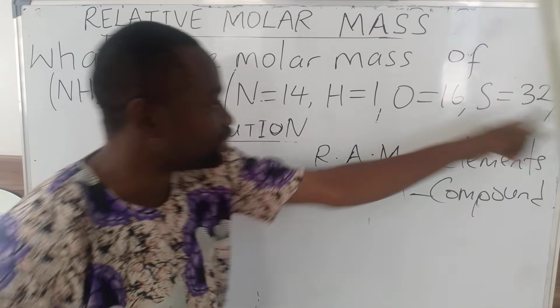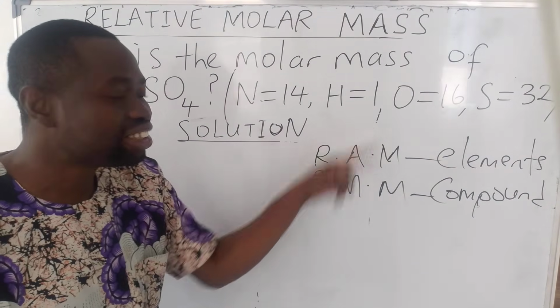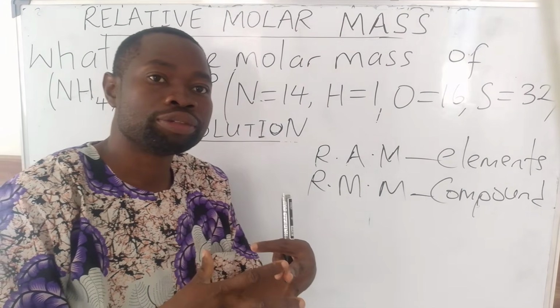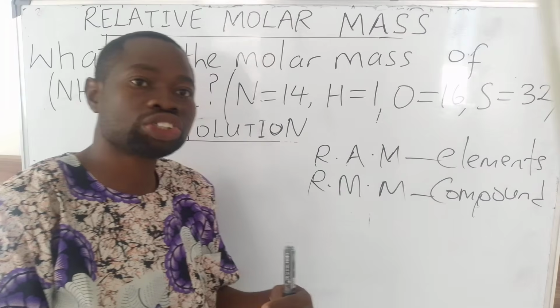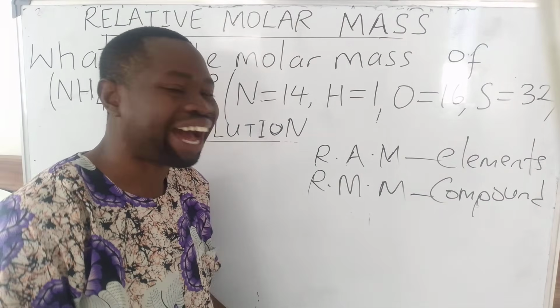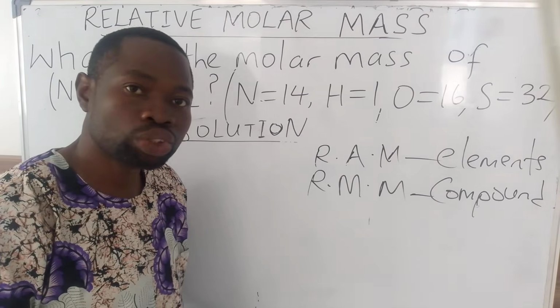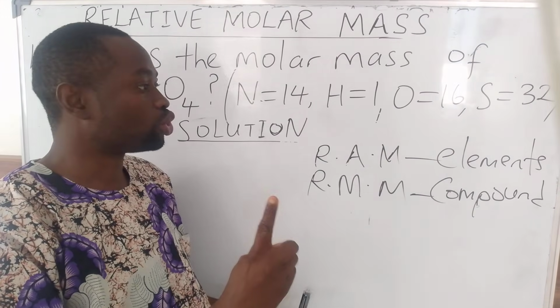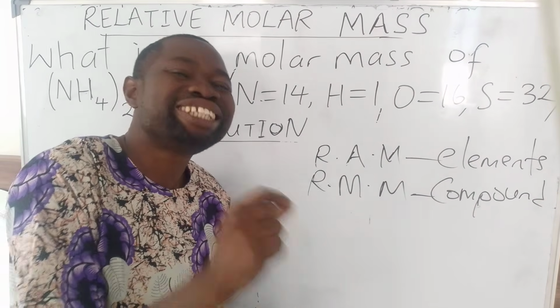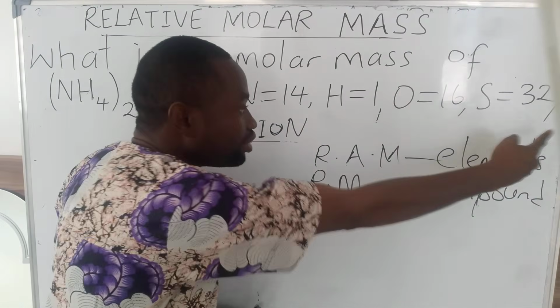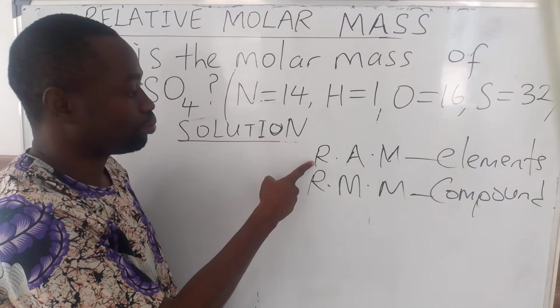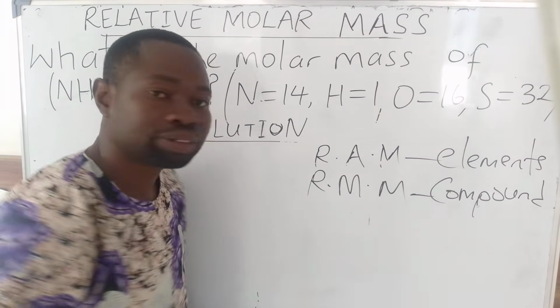These numbers you are seeing were calculated from the various discovered isotopes of the elements. So the value that was gotten was approximated to a whole number, and that is the relative atomic mass.